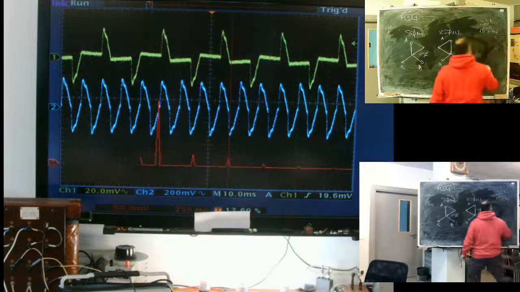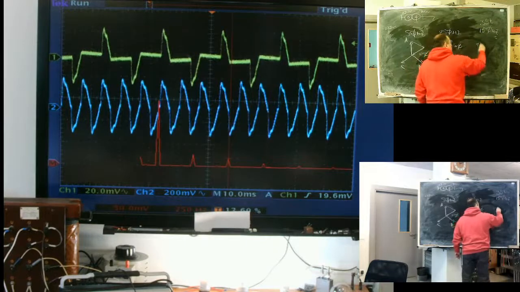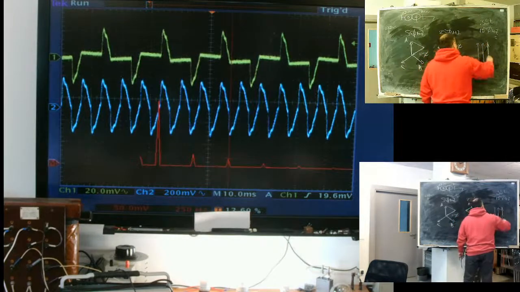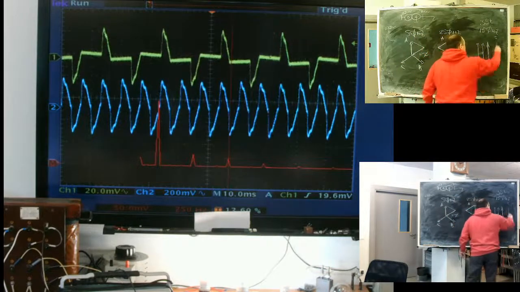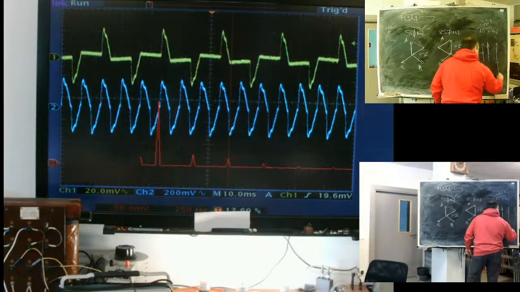But for the third harmonic, for 3 omega, for 150 Hz, I have 1, 2, 3. The sum of these equals triple.